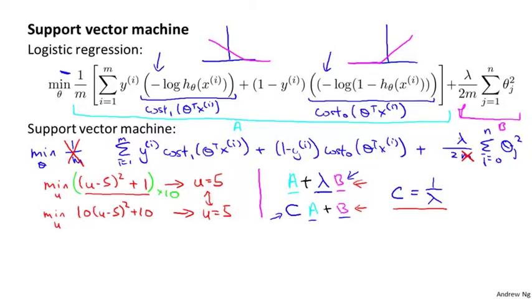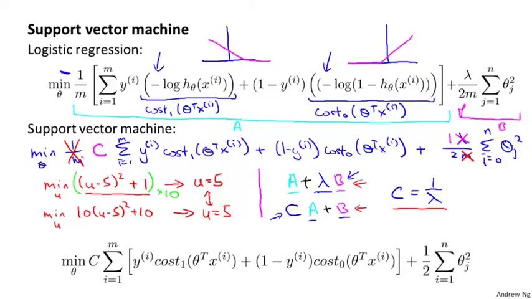So I'm going to cross out lambda here and write in the constant C there. That gives us our overall optimization objective function for the support vector machine, and if you minimize that function, you get the parameters learned by the SVM.